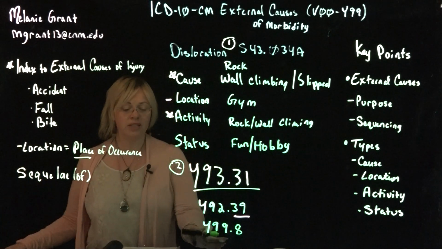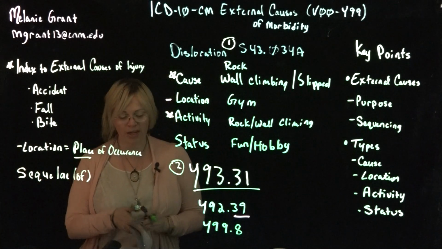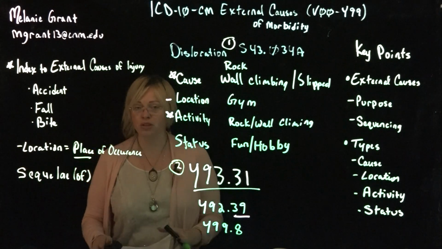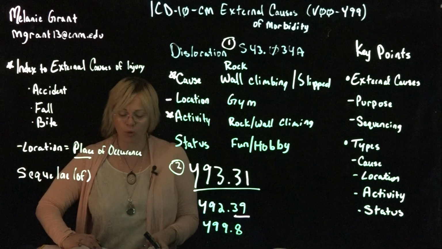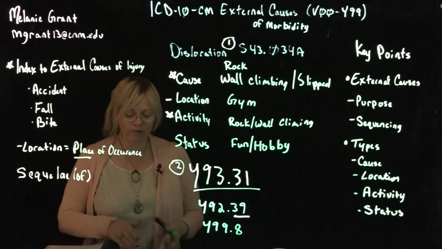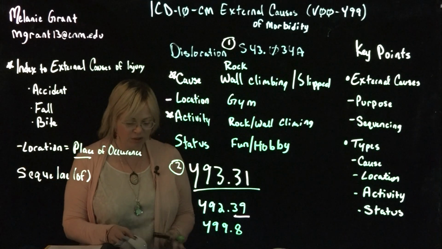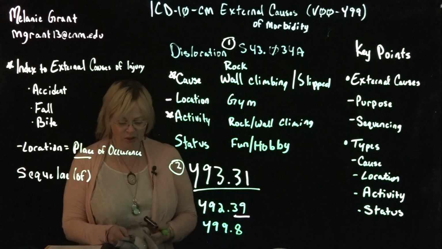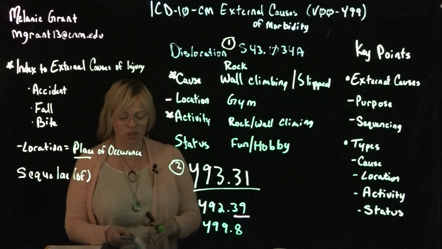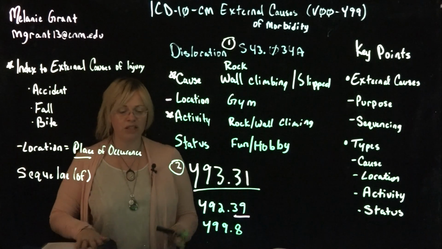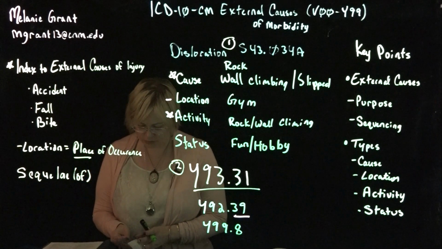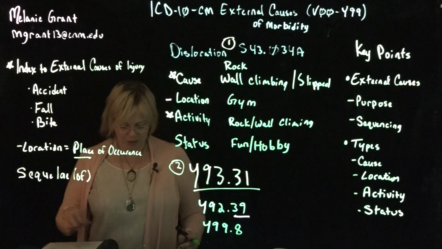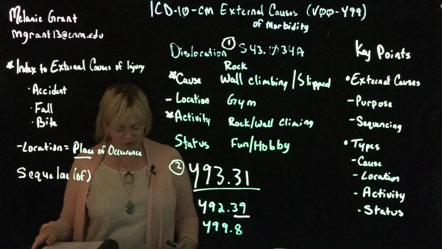Now, notice again, we're going to start by looking up Y99, find the block first. We've already done this just like before with Y93 and Y92. We've looked at the chapter, we've looked at the block, and so we know it falls under categories that are not to be listed as primary condition. And so I'm going to go straight to category code Y99, which is going to be found on page 1257.